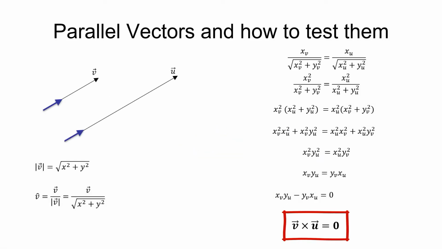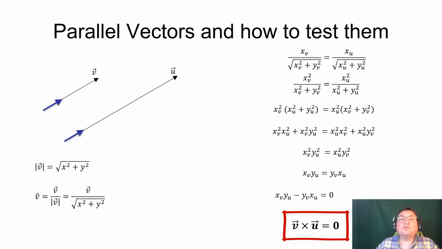Vectors v and u are parallel if their cross product is equal to 0. So, the first part of our take-home message is if you want to test whether two vectors are parallel, take their cross product, compare it to 0, and if equal to 0, then the vectors are parallel.